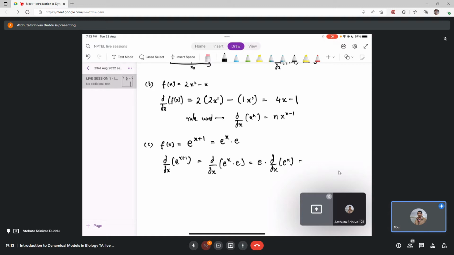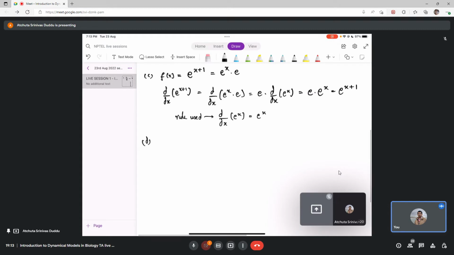The other rule which we'll be using here is that the differential of an exponential, e power x, is again e power x. So we have e into e power x, which is equal to e power x plus 1. So the rule used is d by dx of e power x equal to e power x.